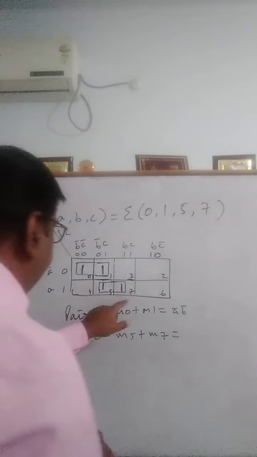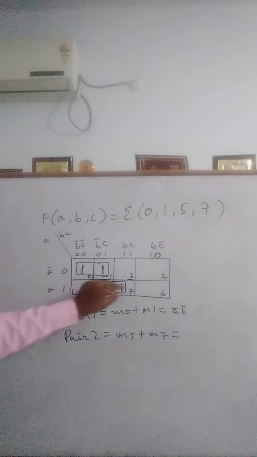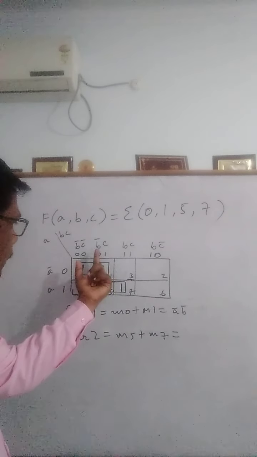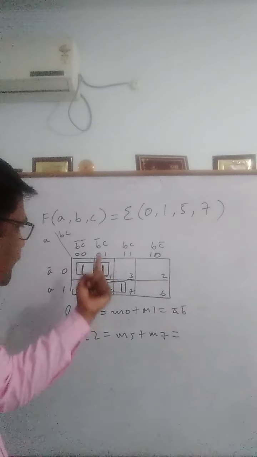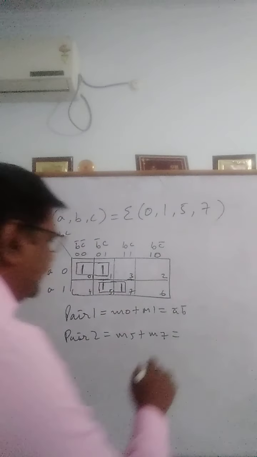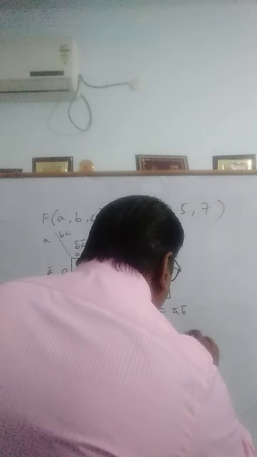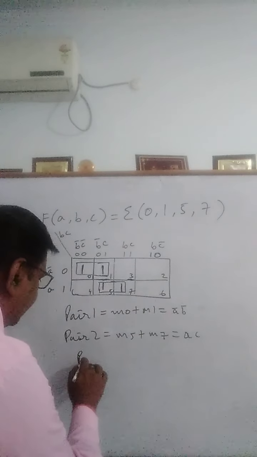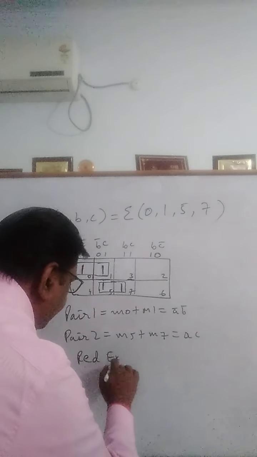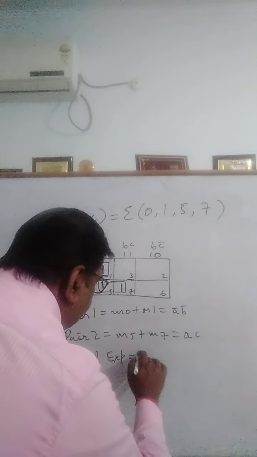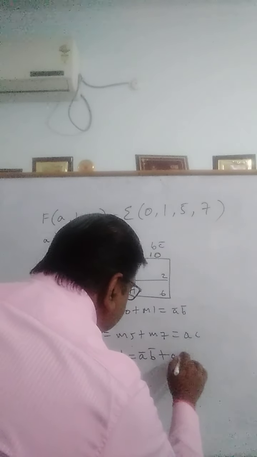So when you are writing 5 and 7, A is the value which is not changing in this group. From the top, B bar is becoming B, that means B is changing, and C is not changing. Therefore, the expression will be AC. Therefore, your reduced expression will become A bar B bar plus AC.